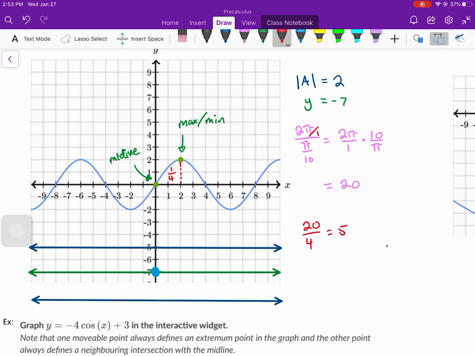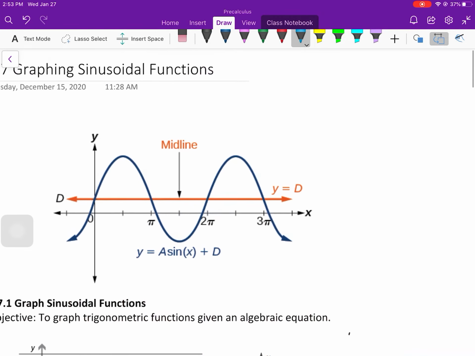So our quarter is going to happen at 5. So right here will be our second point. And that's going to adjust it, so it's going to be like this part, and then you can just picture our graph. It'll come back down, and it'll automatically do that for you in Desmos when you graph it.